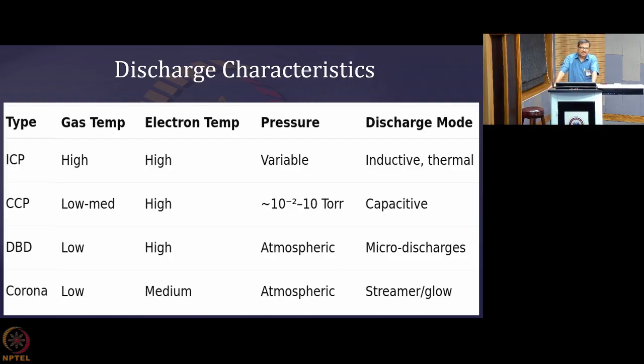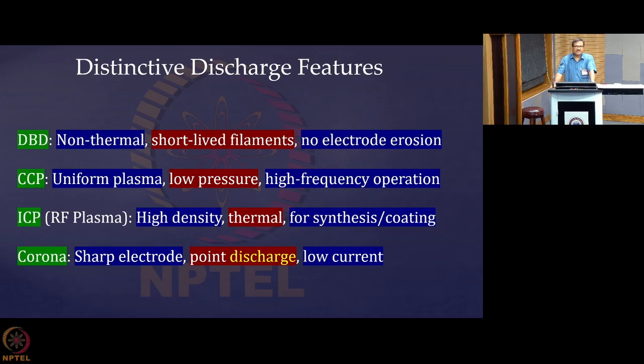So this slide summarizes the type of discharge characteristics that are available in ICP, CCP, DBD and corona devices. Now, the distinctive features I emphasize once more. DBD: non-thermal, short-lived filaments, no electrode erosion. CCP: uniform plasma, low pressure, high frequency operation.